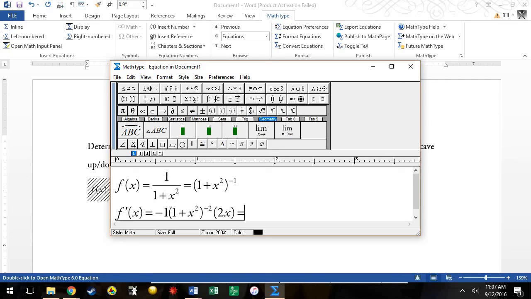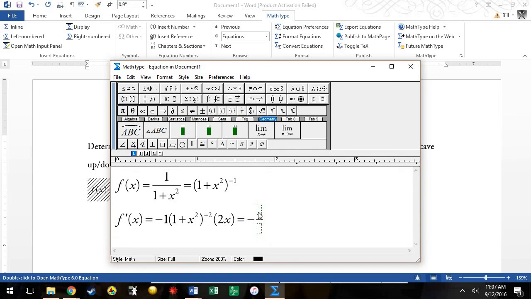And if I simplify this, I'm going to put that minus 1 on the fraction bar itself, minus, and then I'm going to have 2x on the top of the fraction, and then 1 plus x squared squared on the bottom of the fraction. So there's my first derivative.